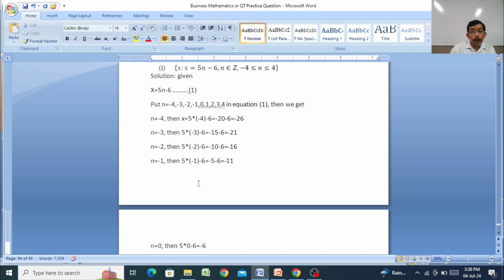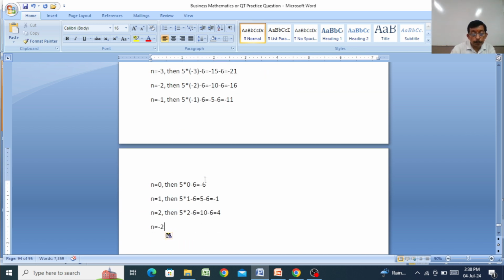Now n is equal to 3, then 5 into 3 minus 6 is equal to 15 minus 6 is equal to 9.